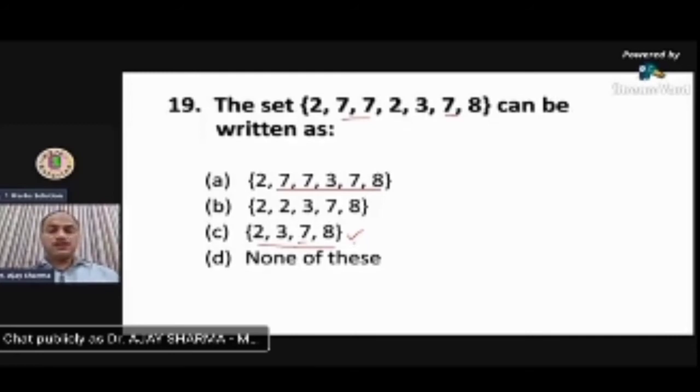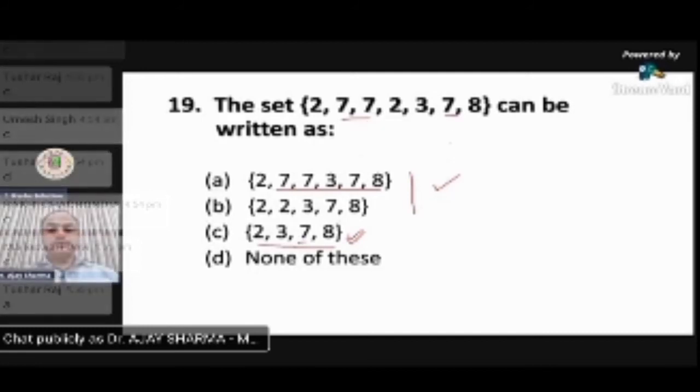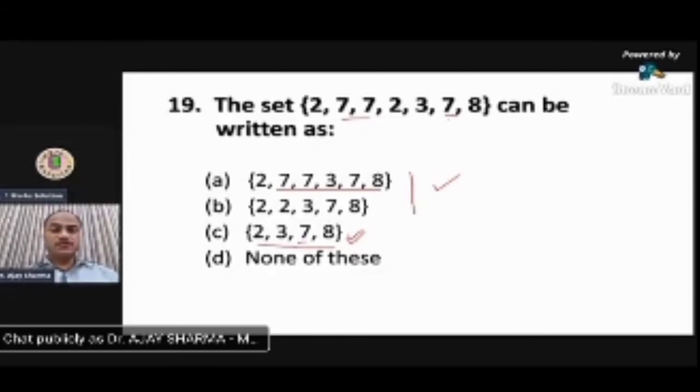But the simplest or ideal notation for this set will be option C. If you go for multi-correct, they are also correct. But if the instruction is to write the set in the simplest form, then this will be the correct option. You have to answer according to the instruction.